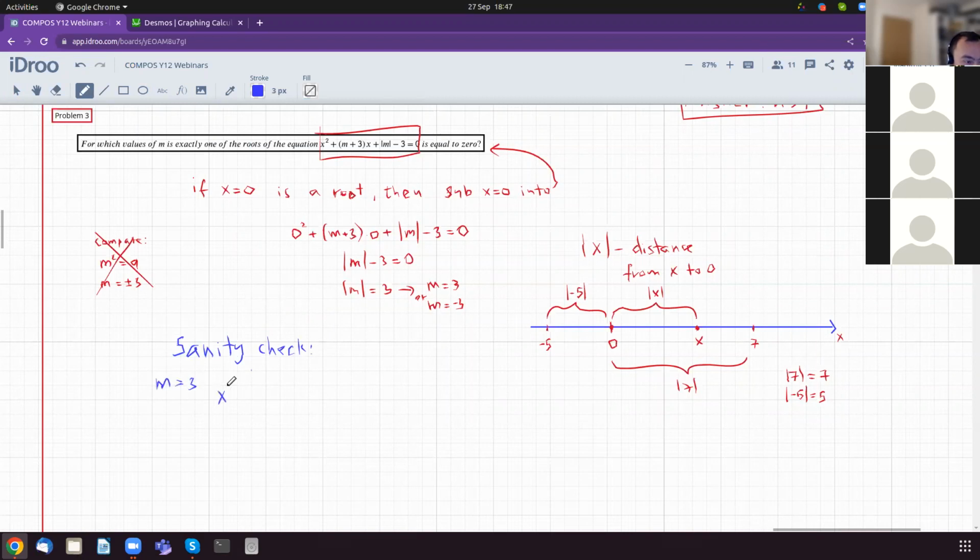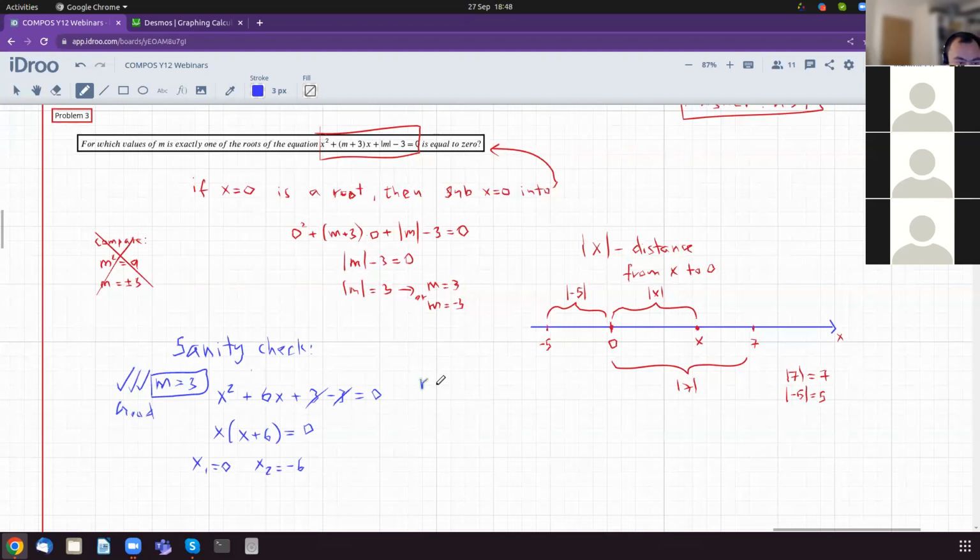So we have x squared plus 6x plus 3 minus 3 equals 0. The 3 minus 3 cancel out, and we can factor it. So x times x plus 6 equals 0. So x1 is 0, x2 is minus 6. So m equals 3 is good.